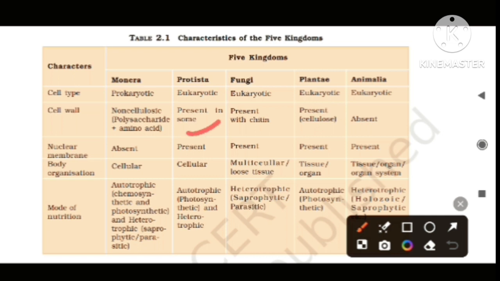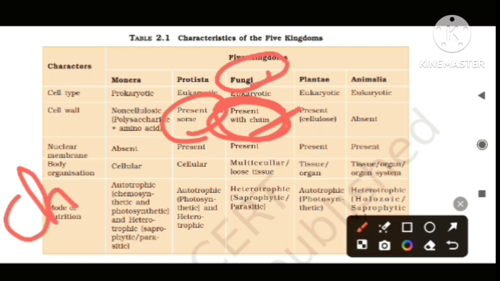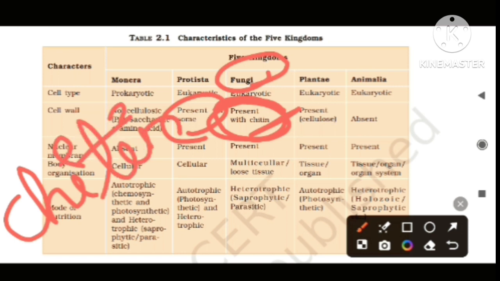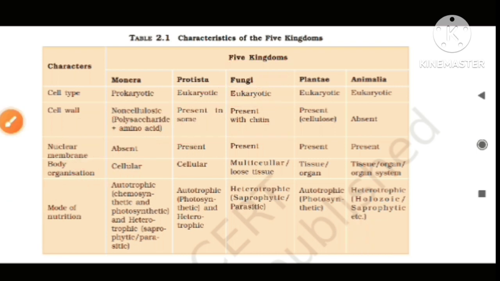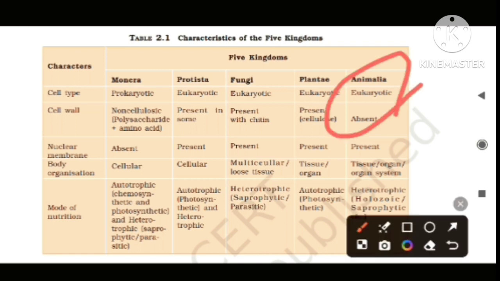In some Protista a cell wall is present and some do not have it. The fungi have a cell wall, but it contains chitin. All the fungi kingdom have a special cell wall made up of chitin. Plants have cellulose in the cell wall, and the animal kingdom does not have a cell wall.